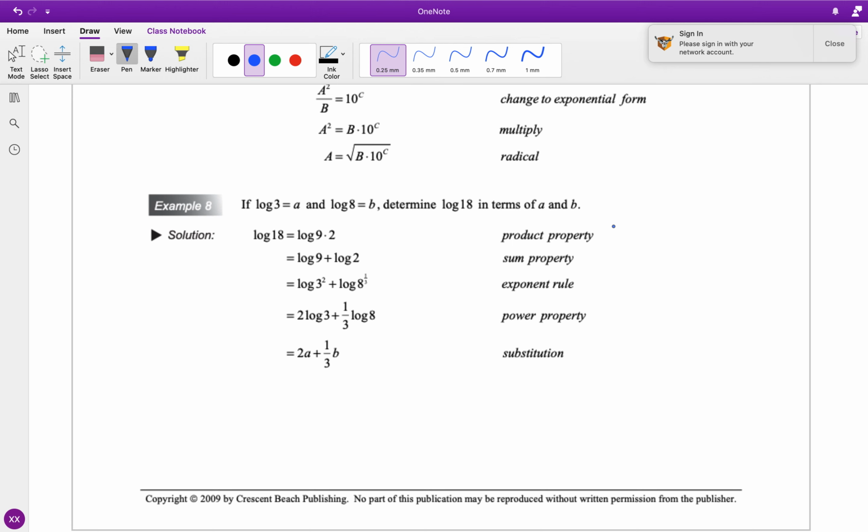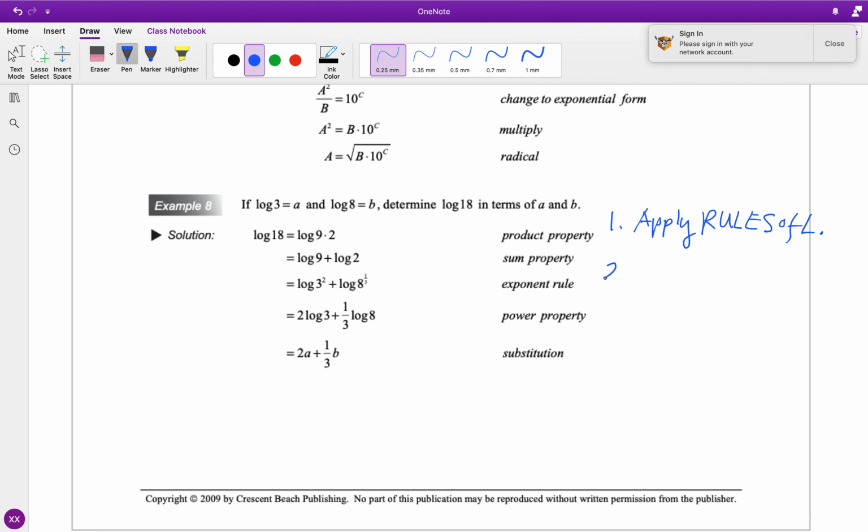As far as I'm concerned, the first ability is to apply the rules. What rules? The rules of logarithms. All right, so that's one thing.